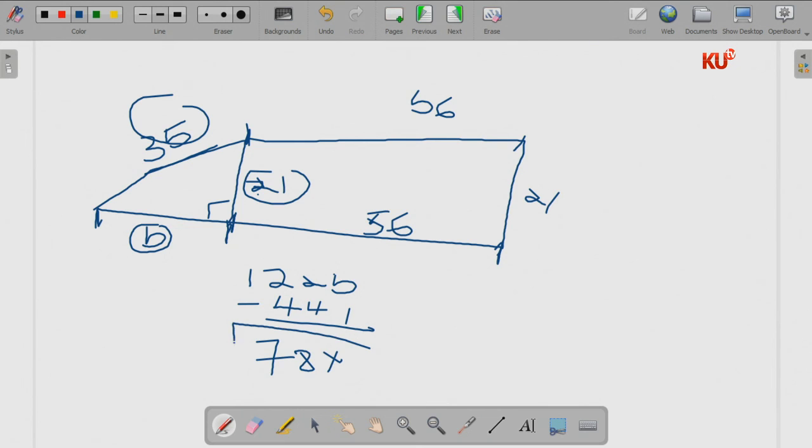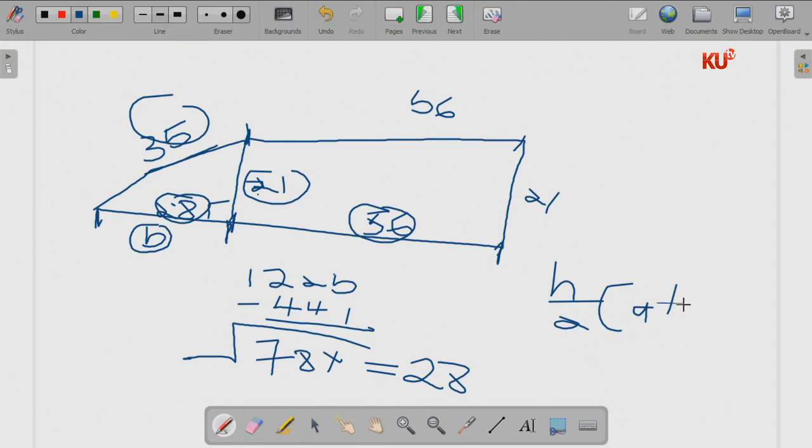When you square root 784, you will get 28. So here is 28. Now 28 plus 56 is our B, because A we said is 56, plus B is from here, because they must be two parallel lines, that's the A and B. So from here to here is equal to 84.